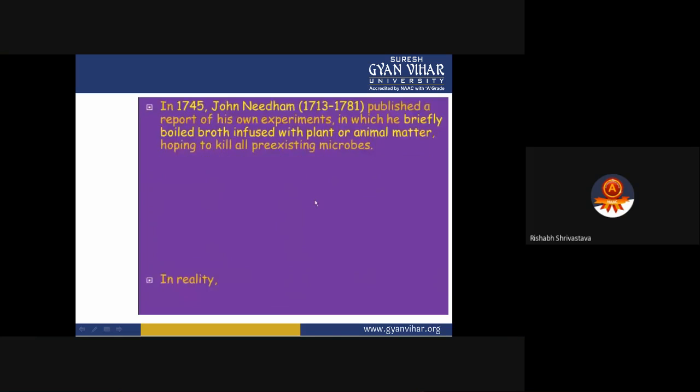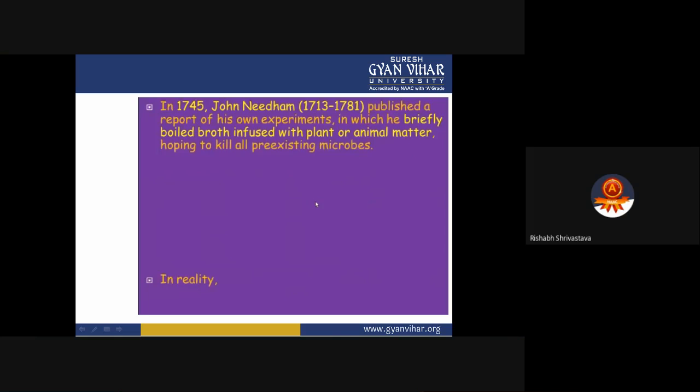In 1745, Mr. John Needham published a report of his own experiment in which he briefly boiled broth infused with plant or animal matter, and he hoped that he had killed all the pre-existing microbes in that particular broth. What he did was he took a pot.